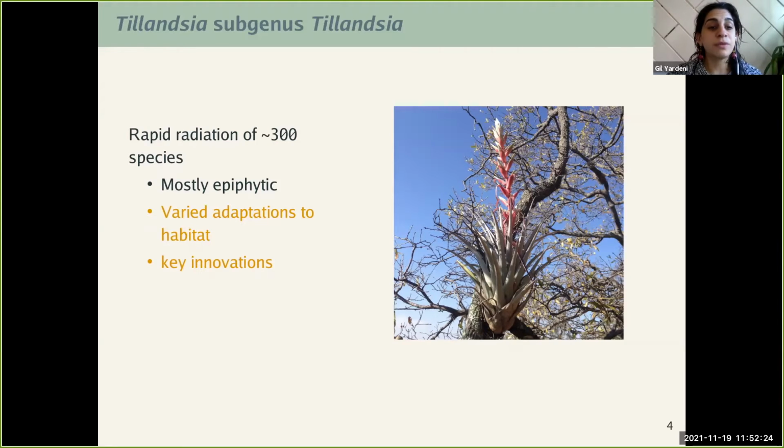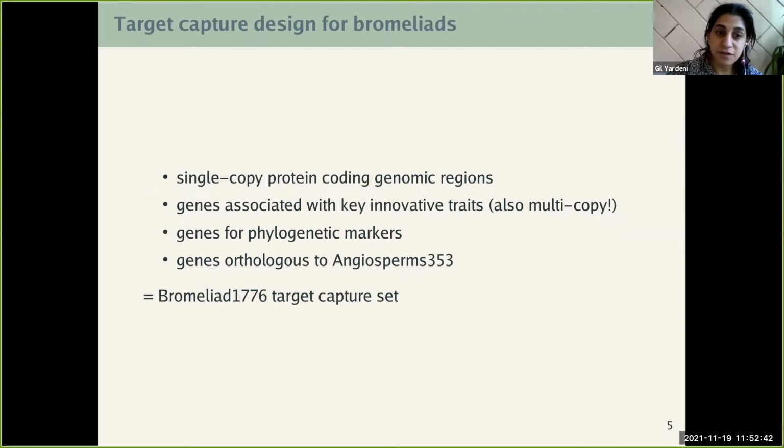We're studying a rapid radiation, which means that we're studying speciation through time, and we're interested both in shallow timescales and deep timescales. So I'm going to talk about phylogenomics today and a little bit about population structure and population genomics.